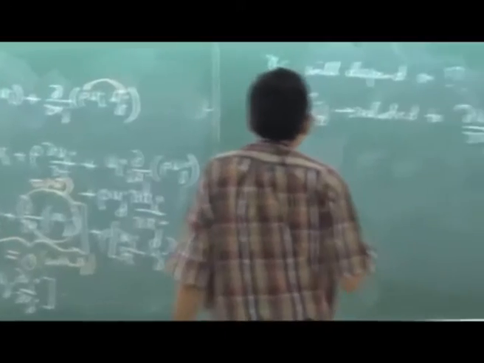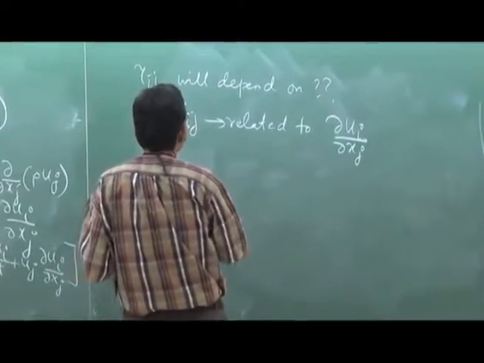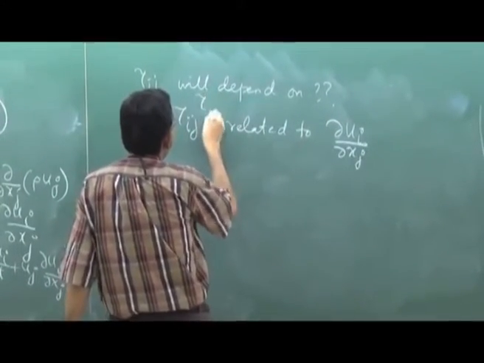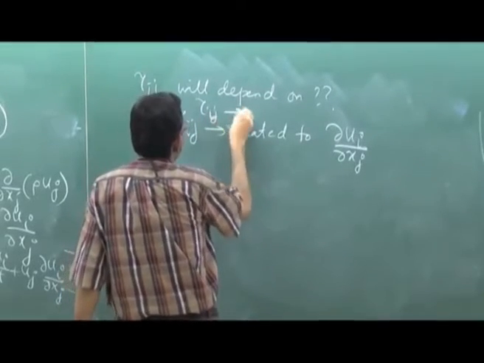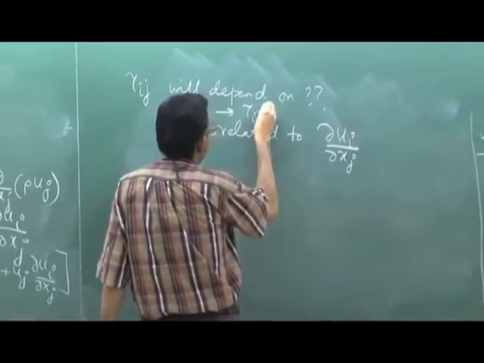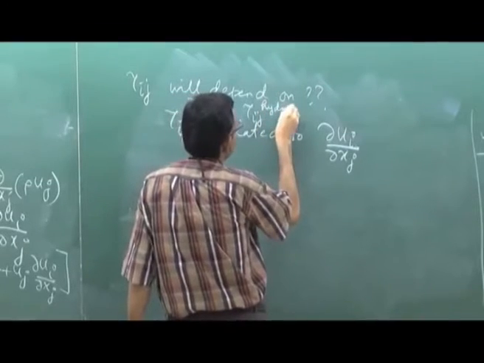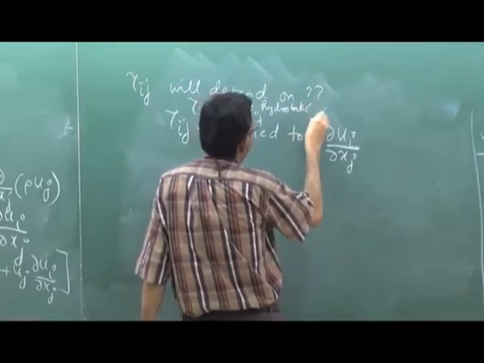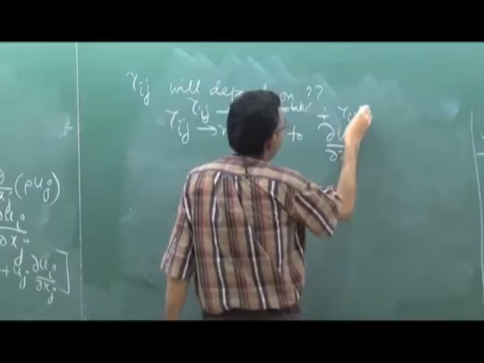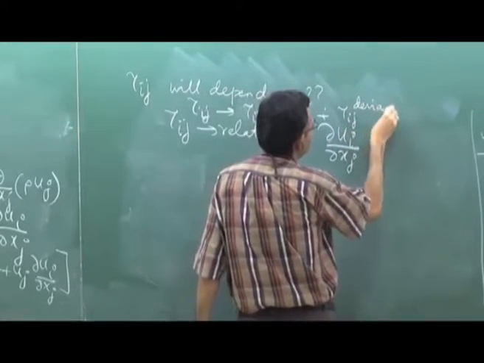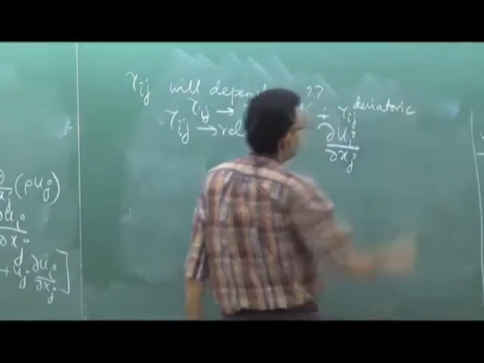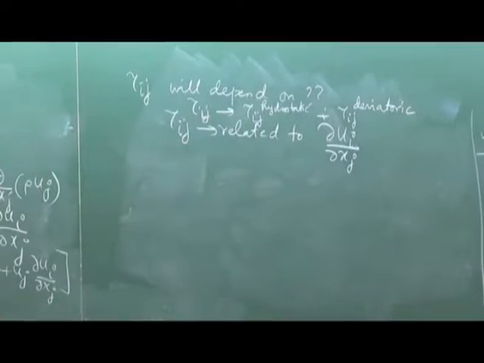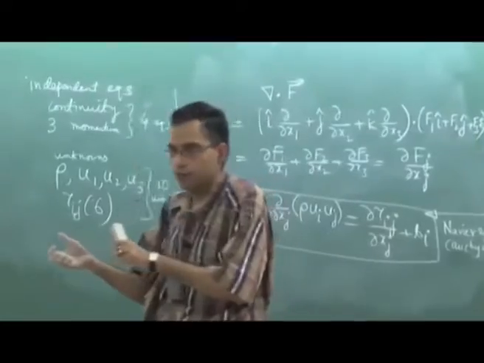So we will divide tau ij into two parts. One is tau ij hydrostatic, and the remaining we call tau ij deviatoric. Deviatoric component is the component other than the hydrostatic component.